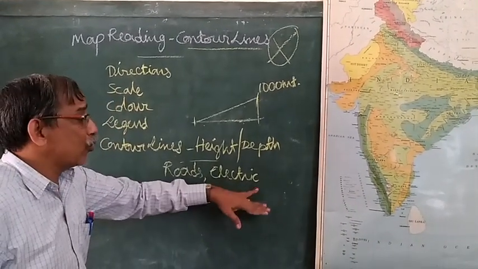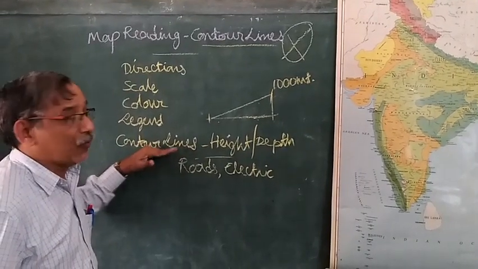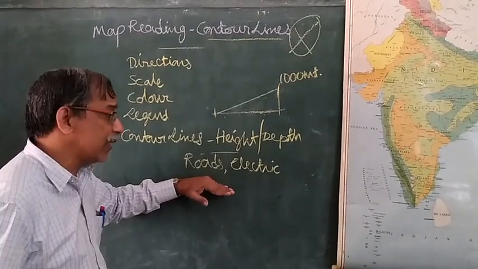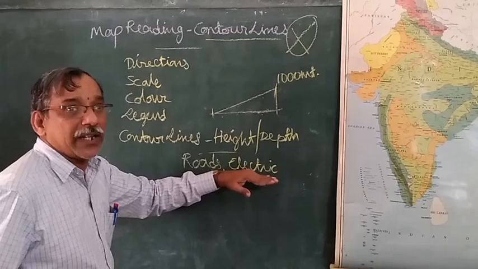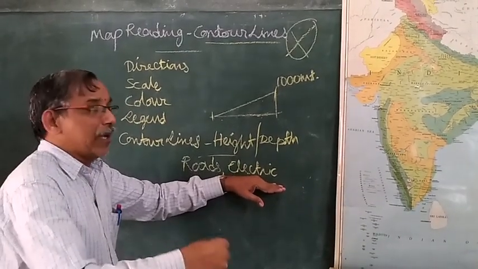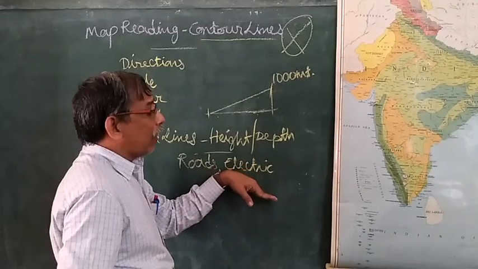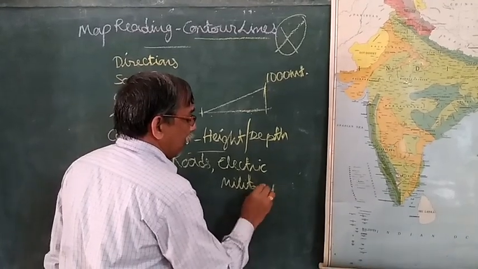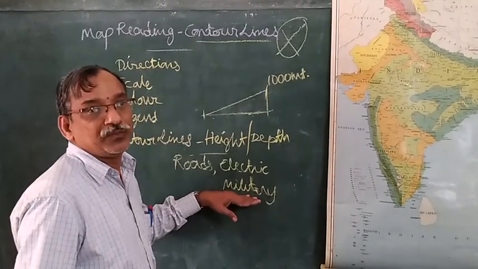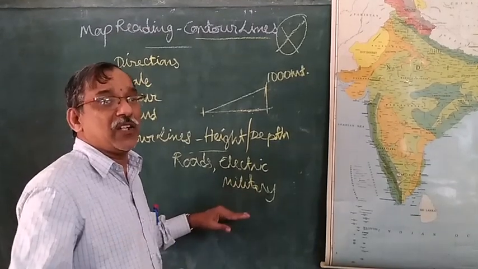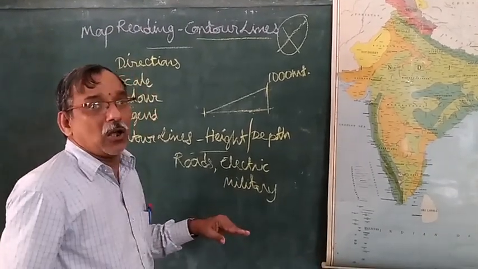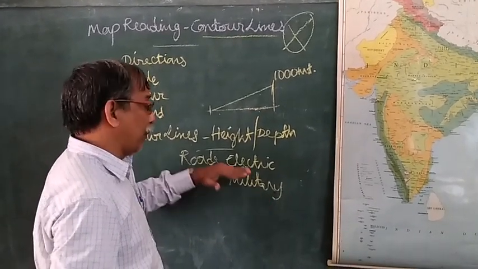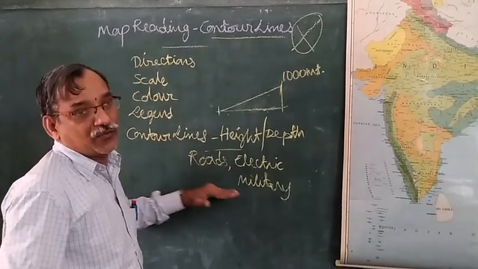So they have to know these contour lines for laying railway lines, roadways, transportation, electric lines, or gas supply by pipeline. Besides this, people related to the military use them for defense and war purposes. The highest point is the safest point. From height they can attack the enemies easily, so they prefer places where the height is more. So for military purposes also, these contour lines are useful.